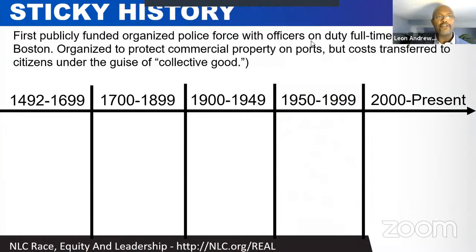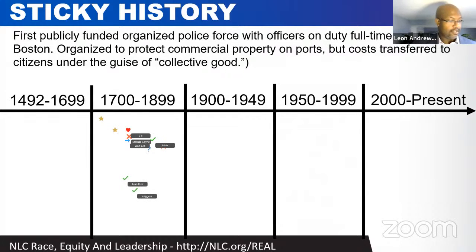Now, this is the first publicly funded organized police force with officers on duty full time. This was located in Boston. When was it created? It was organized to protect commercial properties on ports, but costs transferred to citizens under the guise of collective good.